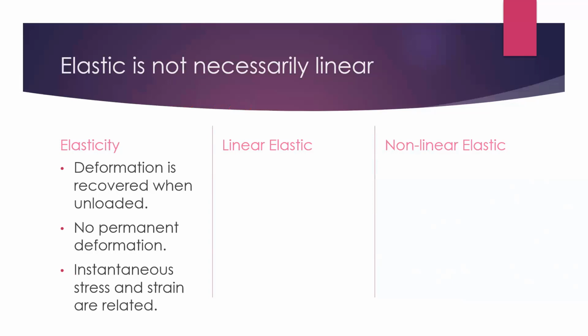Whereas once we move past elasticity into nonlinear behavior, or let me be very careful, that's a bad thing to say. Once we move into plastic behavior, you now need to know the time history. You need to know how much it's been in stress in the past in order to tell me what the current strain would be, because it will have some permanent deformation.